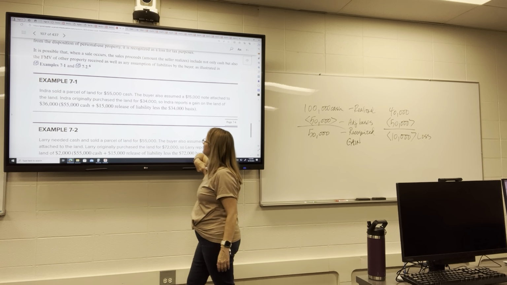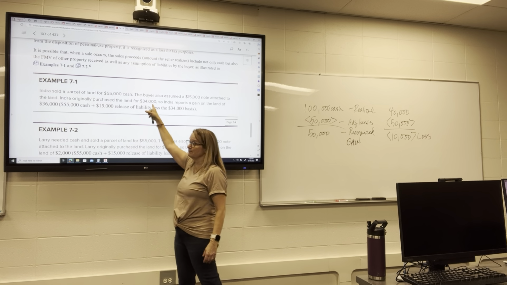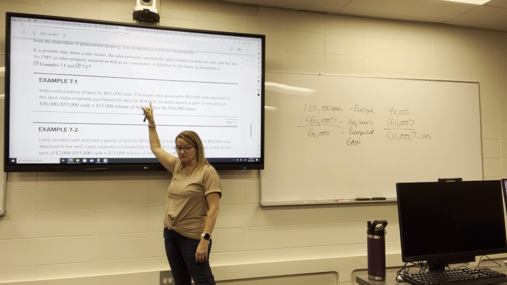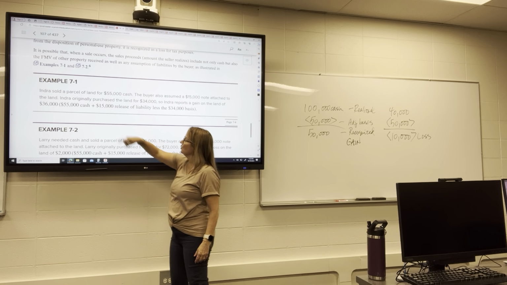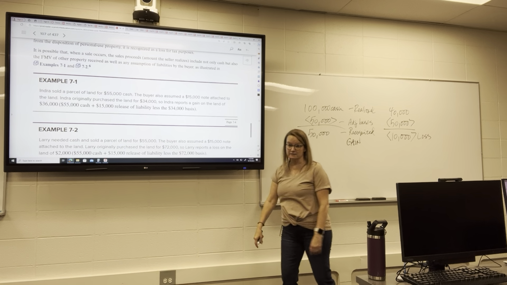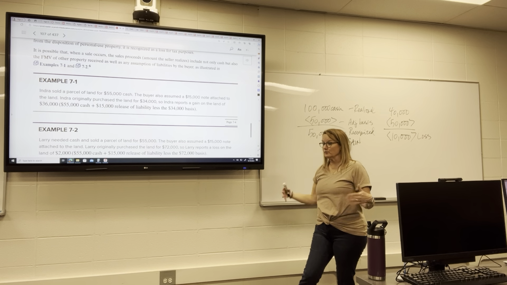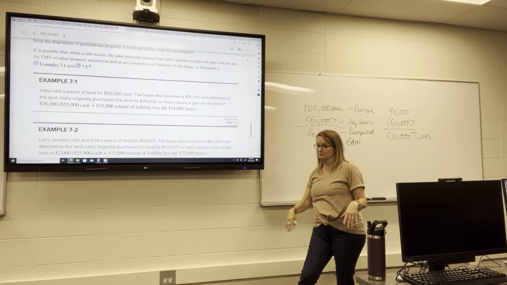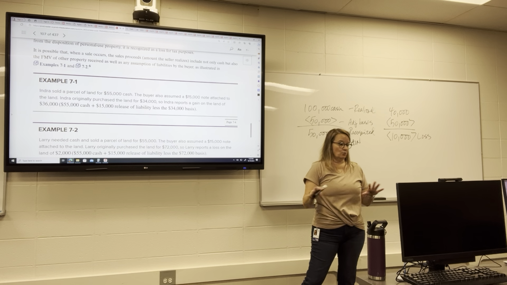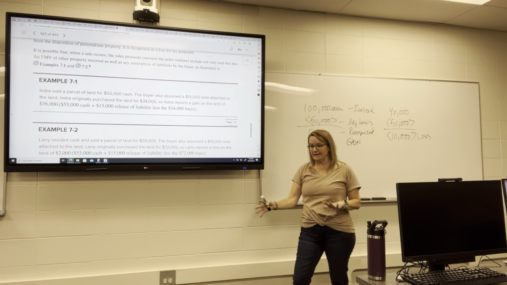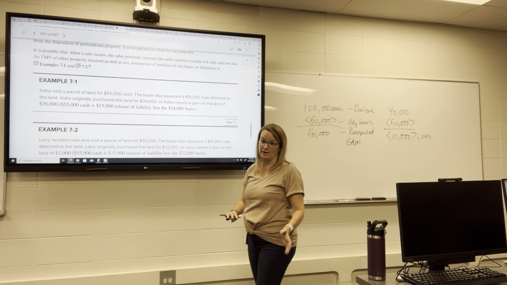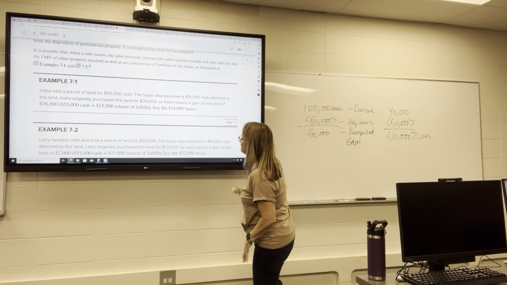So $70,000 minus the basis of $34,000 to get her gain on the land. Okay, again, we don't know what she used that land for, so this is just the calculation of the gain or loss. We'll get to how that gain or loss is treated depending upon how we used it, okay?